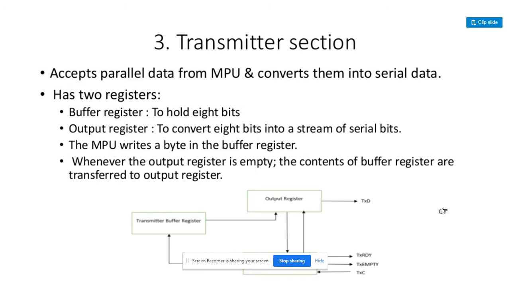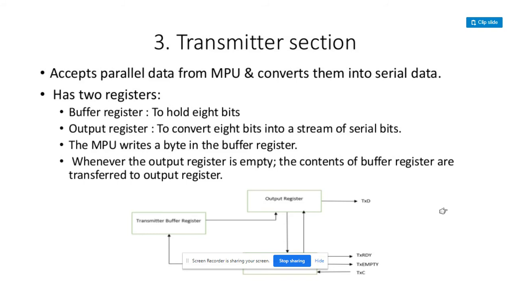So now the third section, we have discussed two sections, that is data buffer and control logic. Now comes to the section that connected with input output in serial input output devices. It have two sections, transmitter section. So first we will cover the transmitter section.